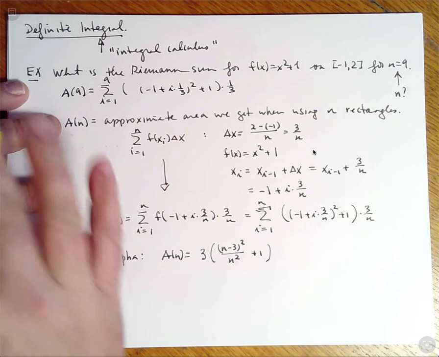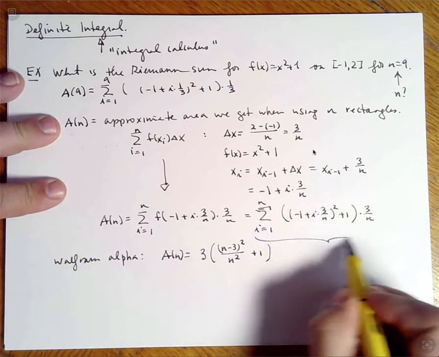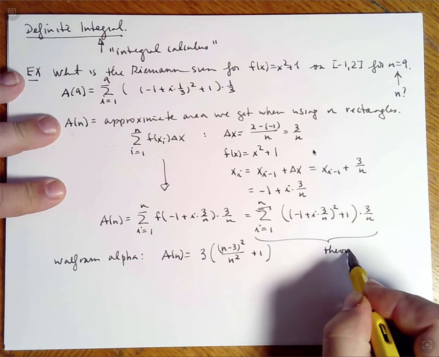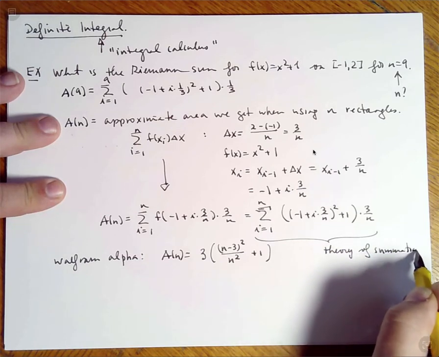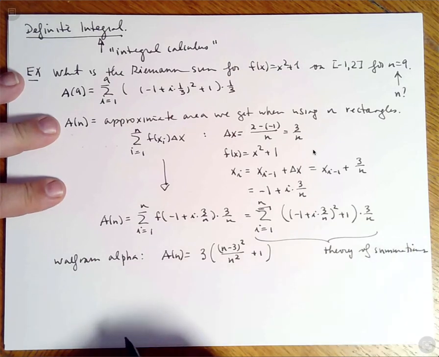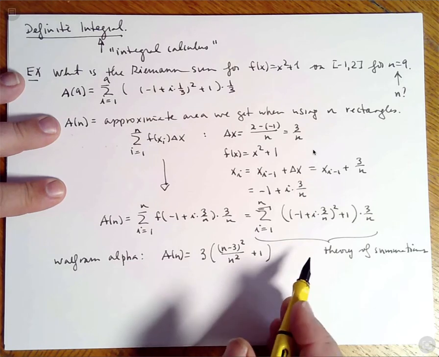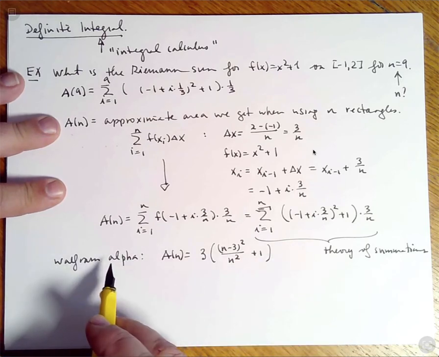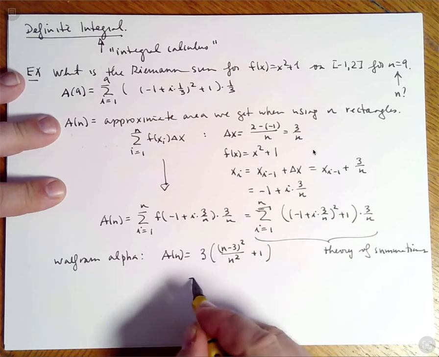So that's fine. Don't get excited about it. There's a theory of summations that we could talk about that would show you how to do exactly the same thing. But we don't need to do that. We'll let Wolfram Alpha do it. And this is really the important thing, because watch this.